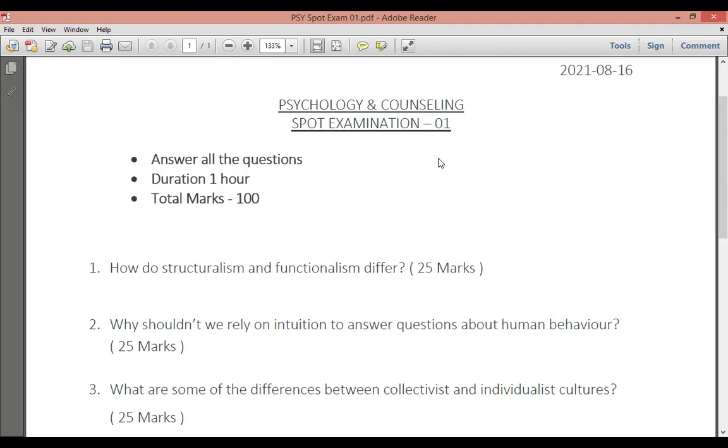That is why we have to be prepared when we come to a class. Always remember, for whatever studies you are doing, for any course, you should be pre-prepared, because a spot examination determines what is immediately in your mind.